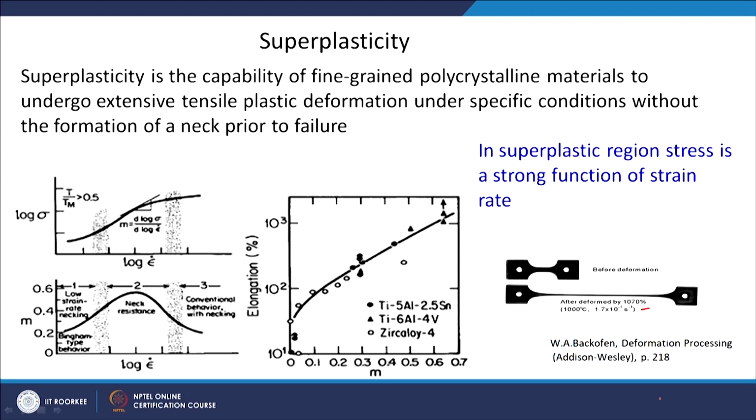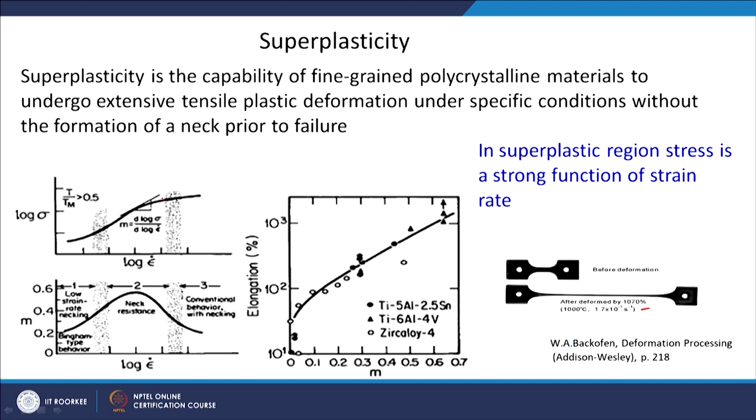In the superplastic region, stress is a strong function of strain rate, and that is what we call strain rate sensitivity. A couple of graphs are shown here. When you plot ln of strain rate versus ln of sigma, in the superplastic window the slope is quite high, where the material shows superplasticity.